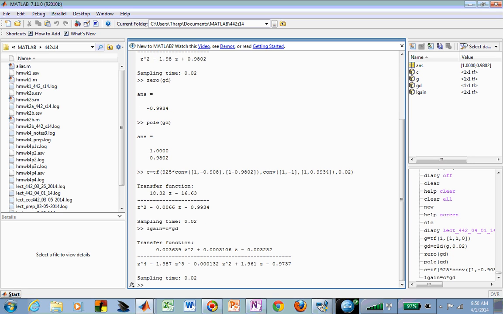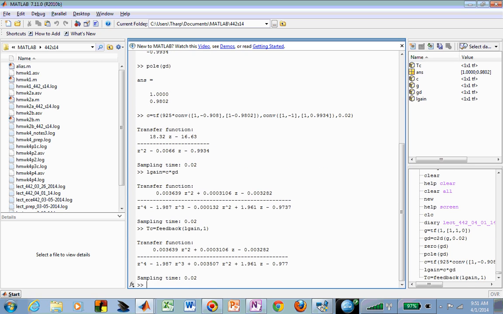Then I want to build up the transfer function. I'll just call that capital T sub C, and I now need to combine in a feedback configuration that forward loop gain, that's what I just called L gain, and a unity transfer function, which is 1, and this is now my closed loop transfer function.